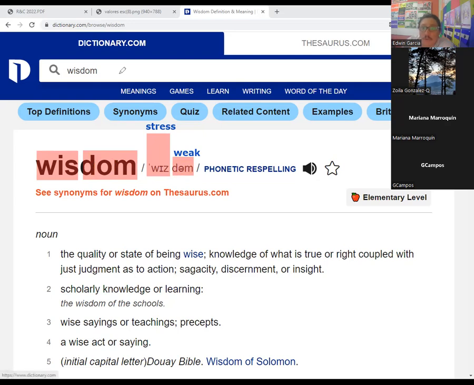And remember, when you are on this website, you can hear the pronunciation for this word. Wisdom. With the stress, and then dumb like the weak. Stress and weak.